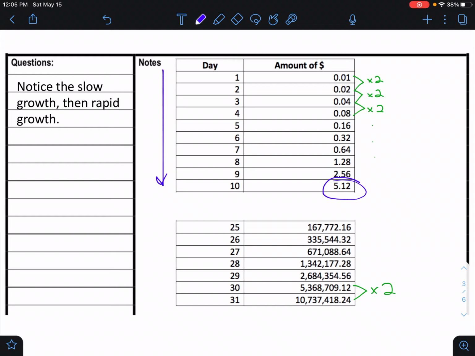But if we get to the end of the month, you'll notice here, now it's really growing rapidly. And the reason for that is it's more money and we're doubling more money. So that gives us more growth and more money each time we double. So this is one of the features of exponential functions, that they have a kind of slow growth and then a really rapid growth.